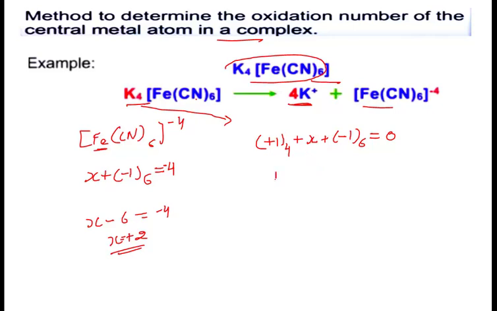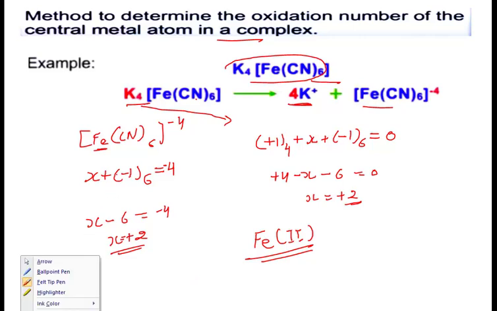So it comes out to be +4 plus X minus 6 equals 0, and X again comes out to be +2. So how to write? We will write Fe, then parentheses, there will be II in Roman, right? So it has a +2 oxidation number on the central atom. Okay. Now you can see the answer.